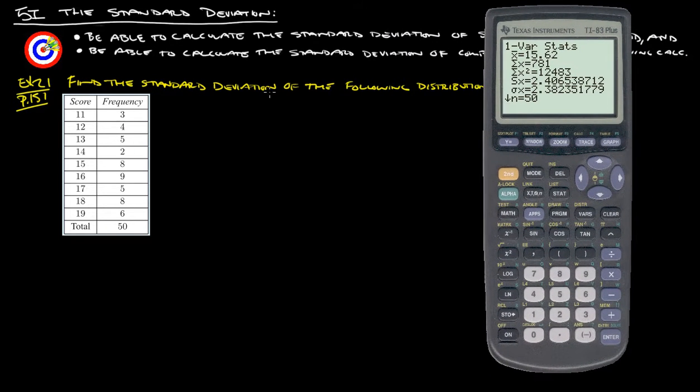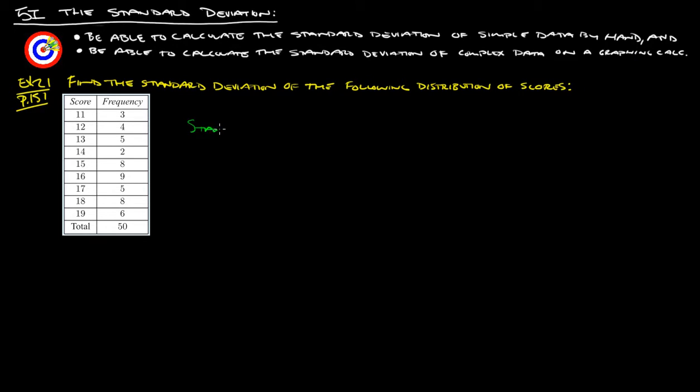Okay? So again, we're going to assume that these are all the possible scores, so we're going to take this one down here. I call that the super O. Again, I know that it's got an actual name, but I like super O better because it's like an O with a little cape on it, so it's super O. So our standard deviation then would be 2.382.